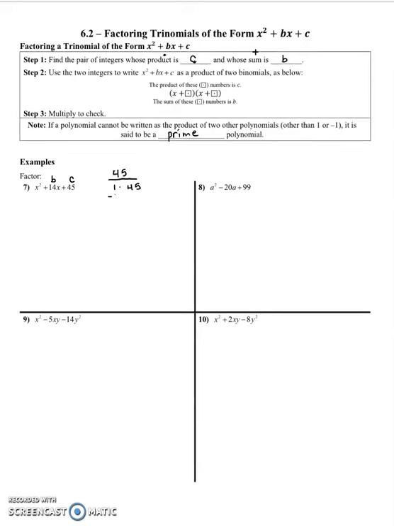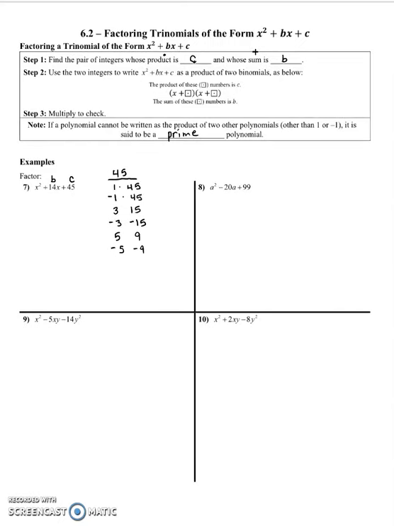It's also -1 and -45. 2 doesn't work. We have 3 and 15, -3 and -15, and 5 and 9, and -5 and -9.